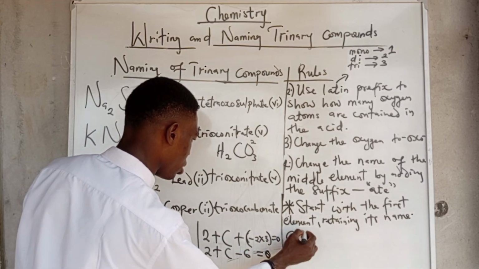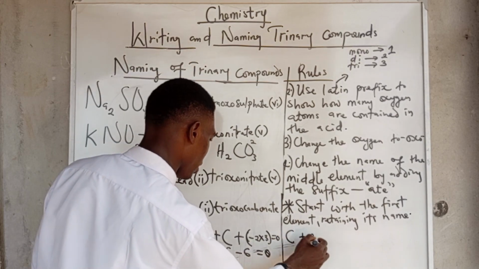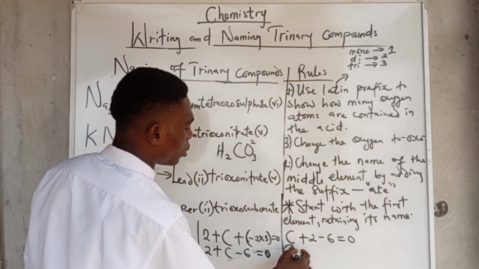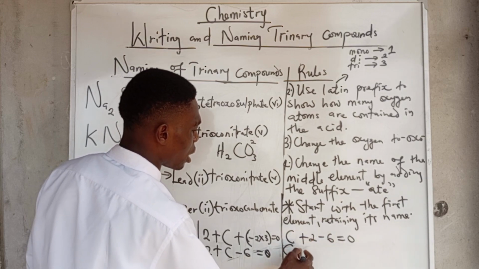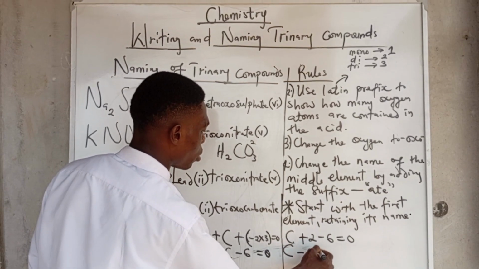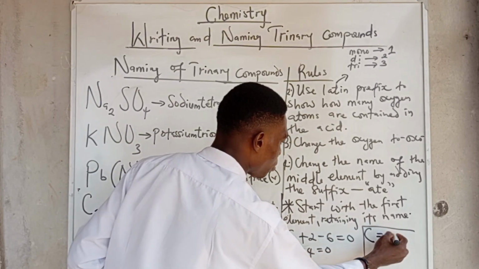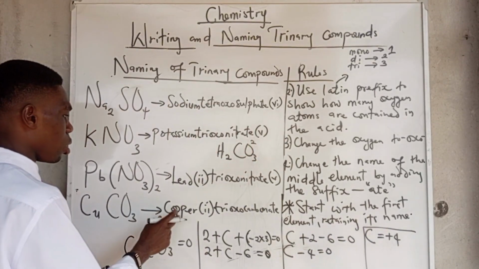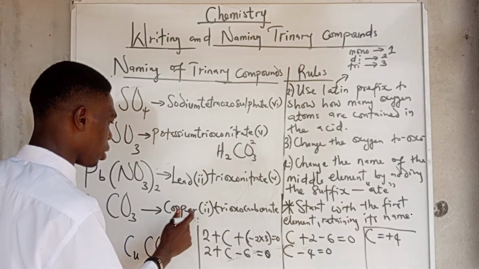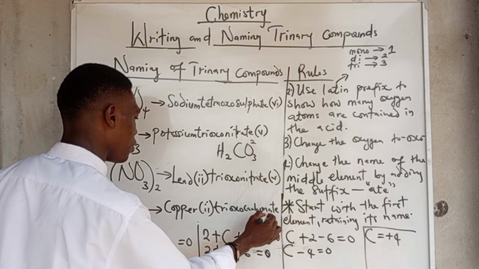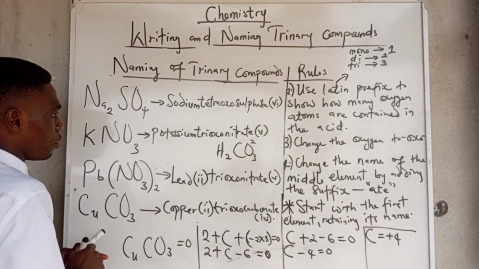Okay, so you have carbon, then +2 coming first, then -6 is equal to 0, and so you have carbon +2 minus 6 is now equal to -4, equal to 0. That simply means that the oxidation state of carbon here becomes +4, and so we call this copper 2 trioxo carbonate 4, IV. And that's the name of this compound.